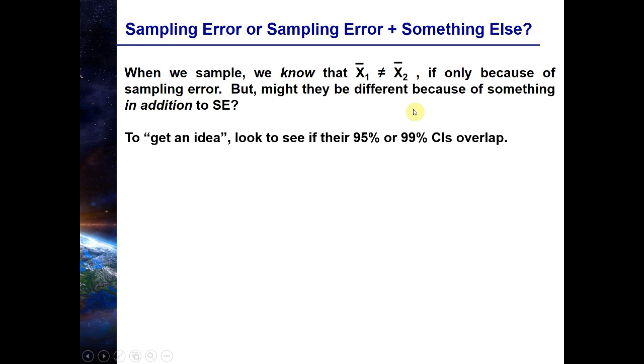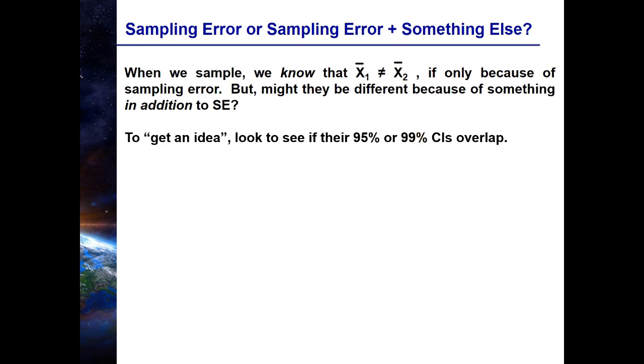Please note, you would not calculate the 95 percent confidence interval here and the 99 there. You've got to keep apples to apples, oranges to oranges. So they are both 95 or they're both 99. There's never a mix.